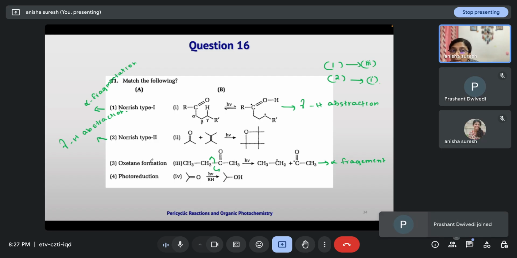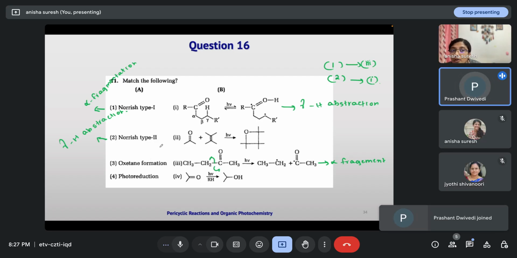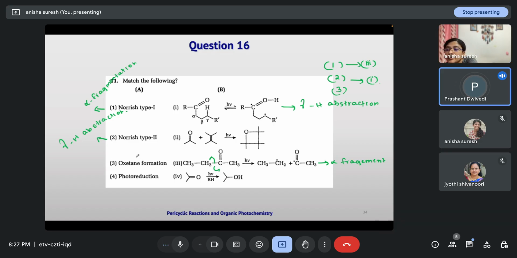Now oxetane formation. We have seen oxetane formation in the Paterno-Buchi reaction, where a carbonyl compound and an alkene will lead to formation of oxetane.